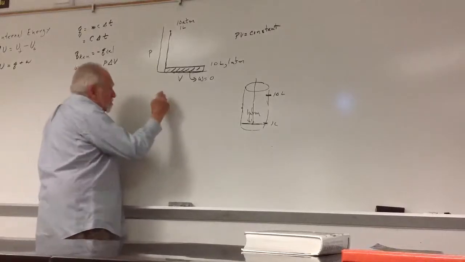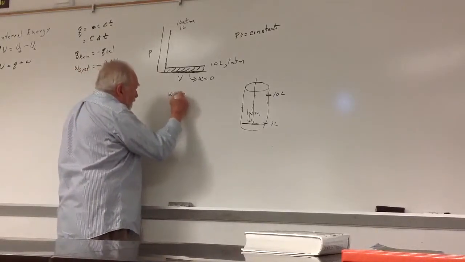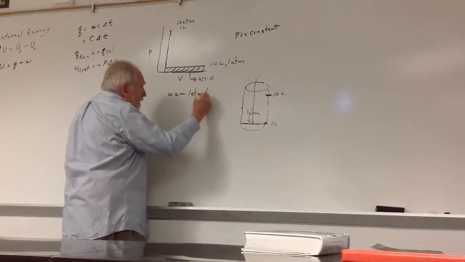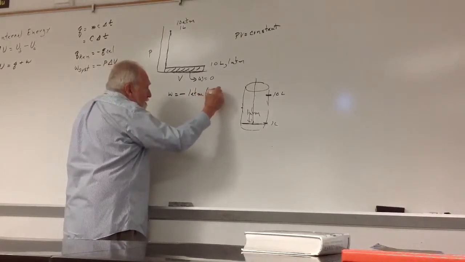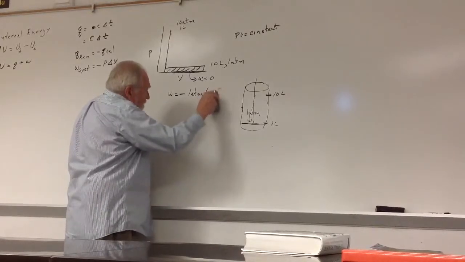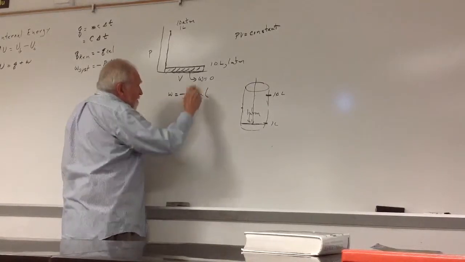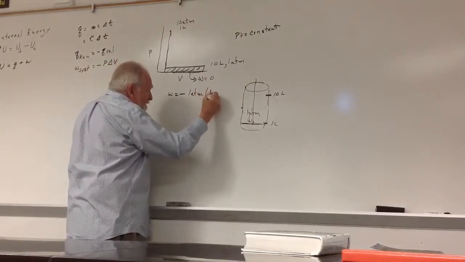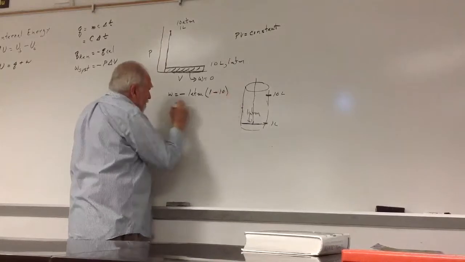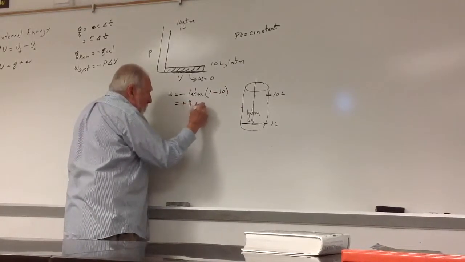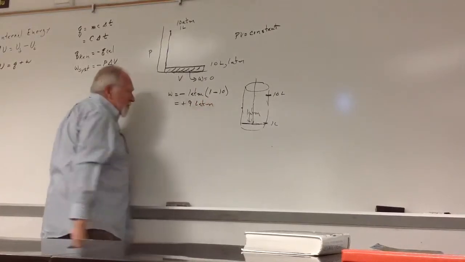And W is now going to be equal to minus P, which is 1 atmosphere, times, I guess I did that wrong, because what's the final volume? 1 liter, minus 10. So it's equal to plus 9 liter atmospheres.